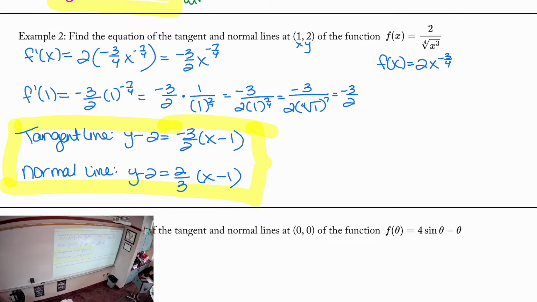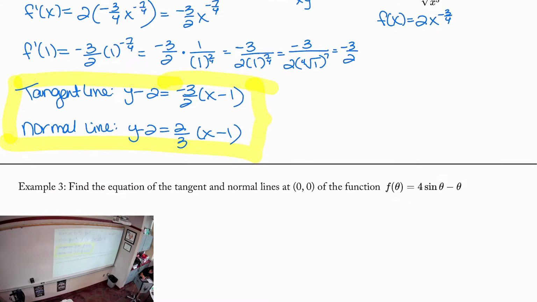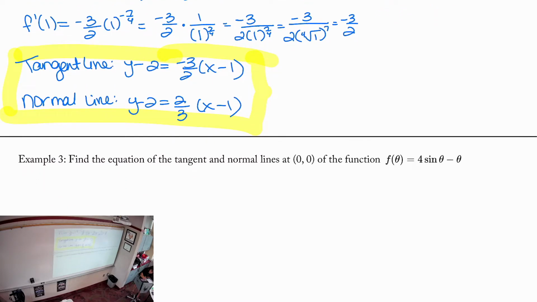And there's a theta. Fancy zero. It is a fancy x. Okay. f prime of theta is equal to what? 4 cosine theta minus 1.